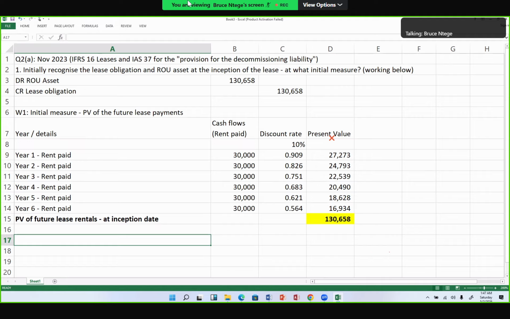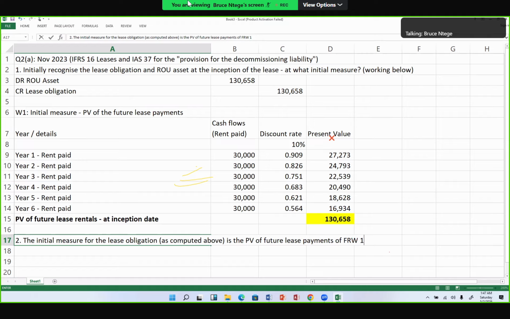Maybe I can put number 2 here for you, so that my number 2, the initial measure of the lease obligation, as computed above, is the present value of the future lease payments of 130,658.